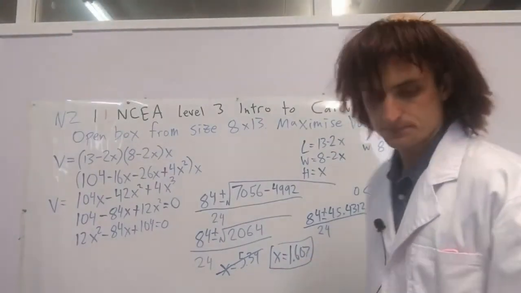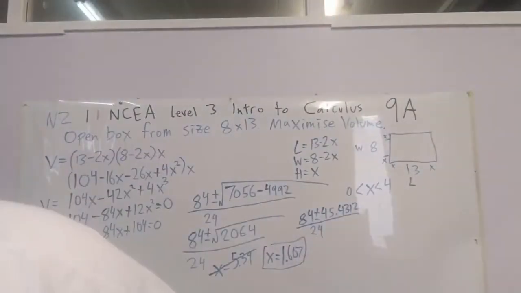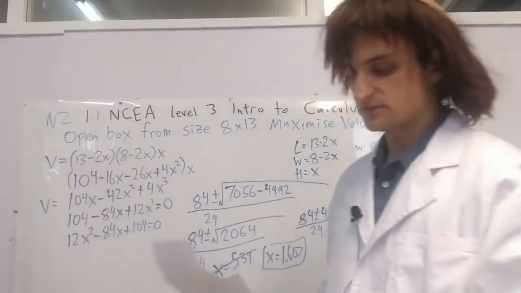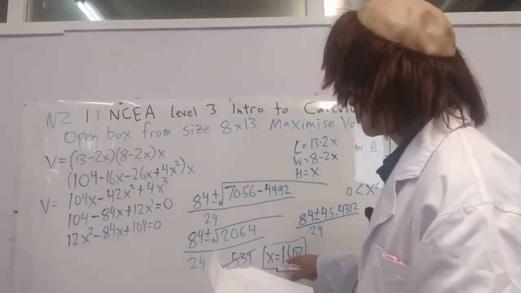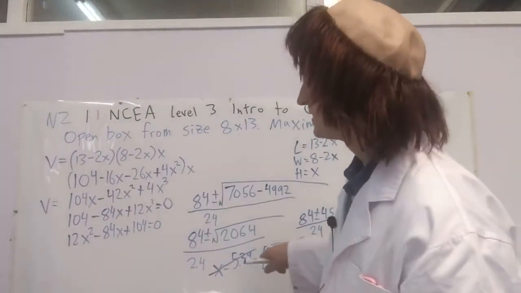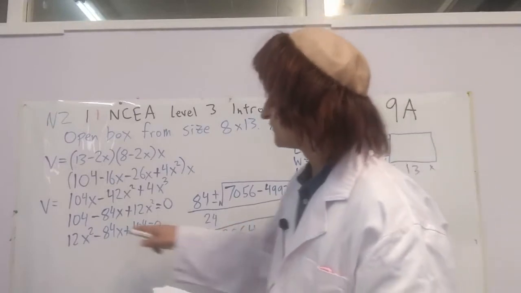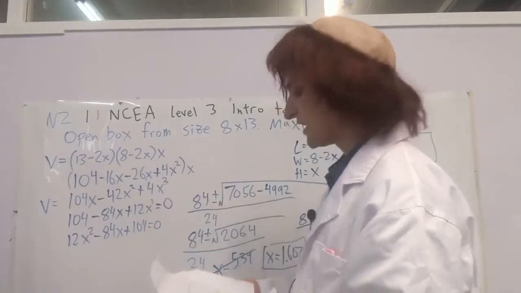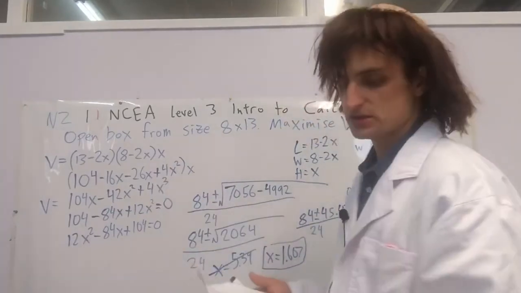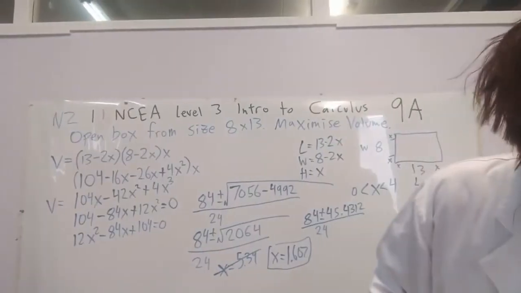Now what we do, let's reread the question. Find the maximum possible volume. That means we take our 1.607 and we can plug it into our volume formula, which gets quite hairy. So let me just do some erasing very quickly.